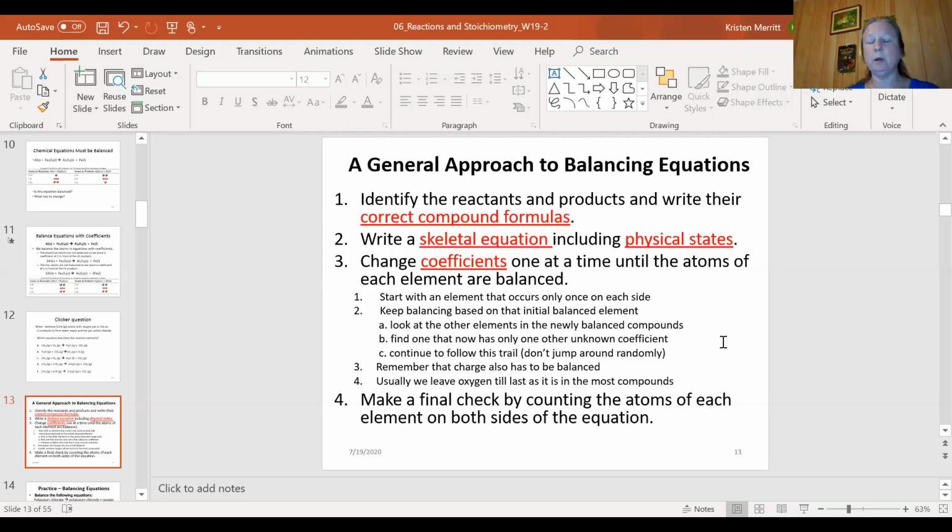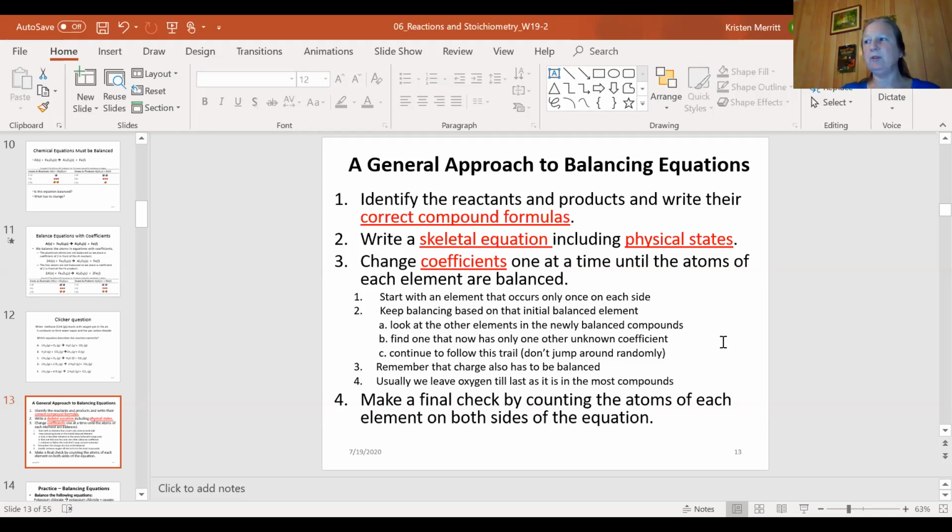And I'm going to work through a number of examples. If you have one that's by itself, like in the previous example, we had aluminum by itself and iron by itself, it's best to leave those till the last, because they are the easiest ones. And oxygen is often going to be there by itself, oxygen gas. That's a good one to leave till the very last, because it's usually involved in other molecules.